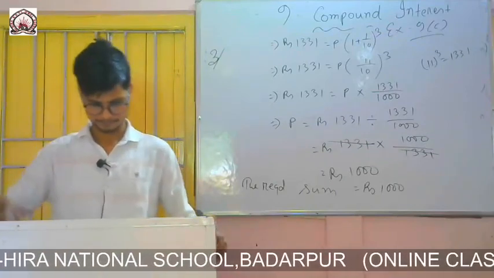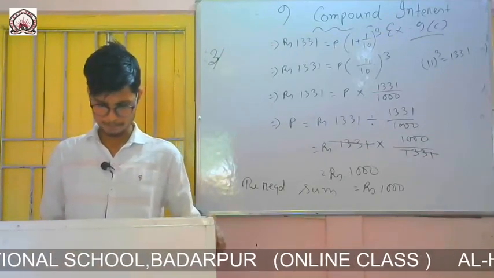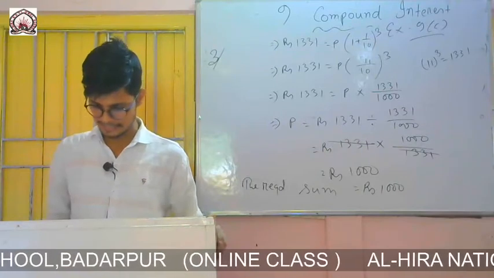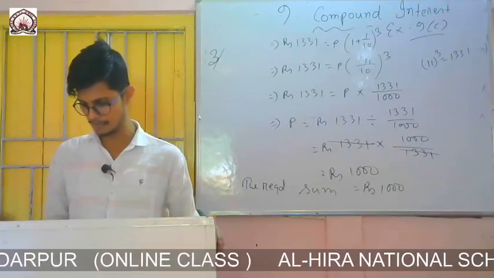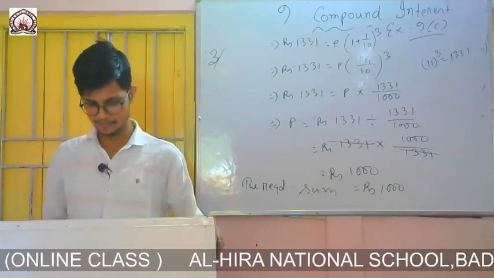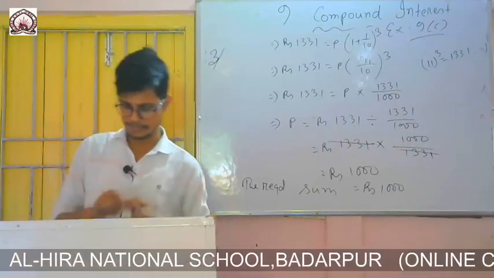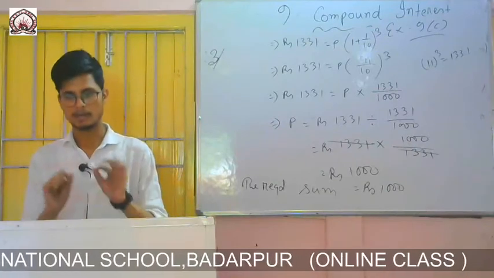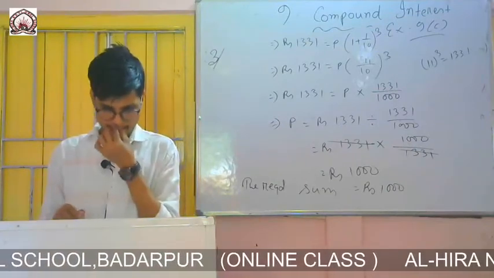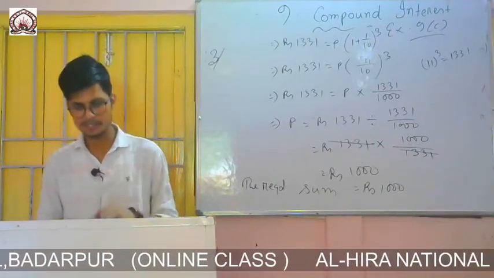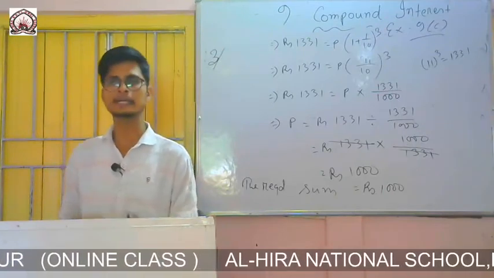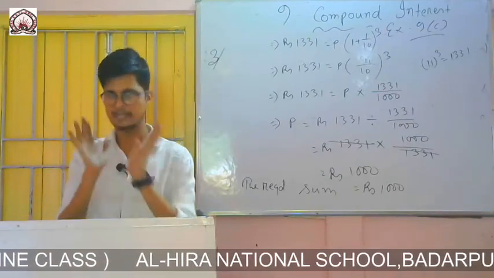So now question number 4: on what sum of money does the difference between the simple interest and compound interest in 2 years at 5% per annum is rupees 15? There are many ways of doing this sum, but I will do it in the easy way. Simply one thing you do: question is given that the difference between simple interest and compound interest is given, difference means minus.